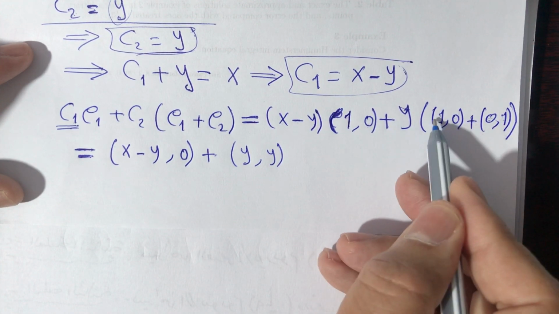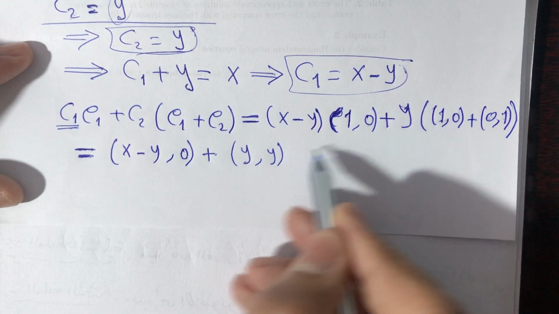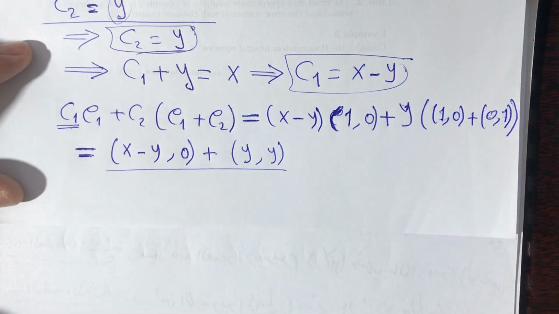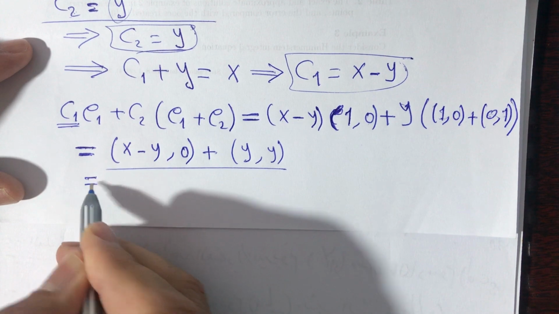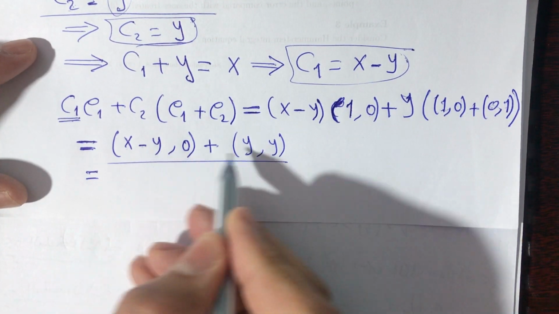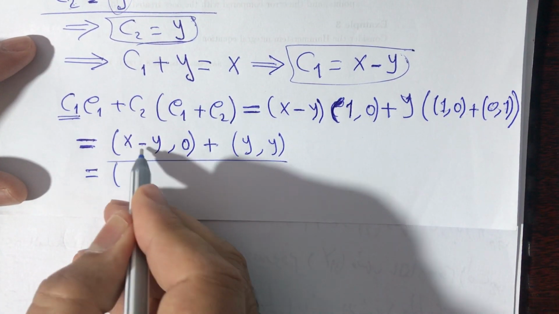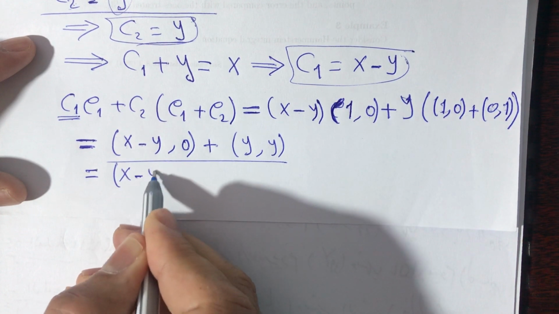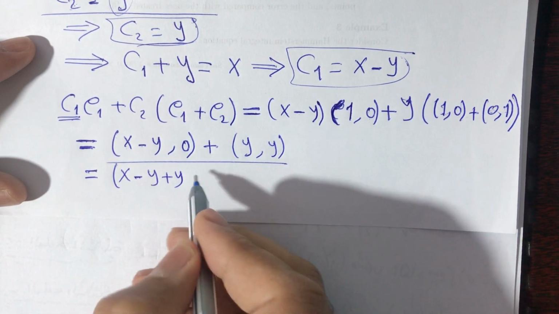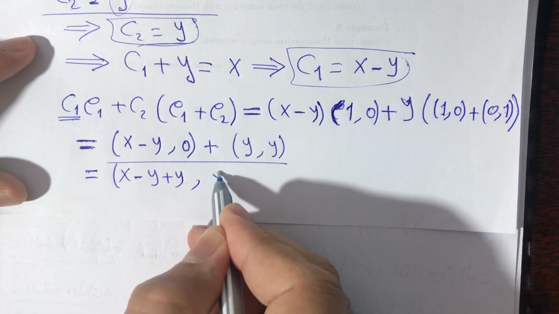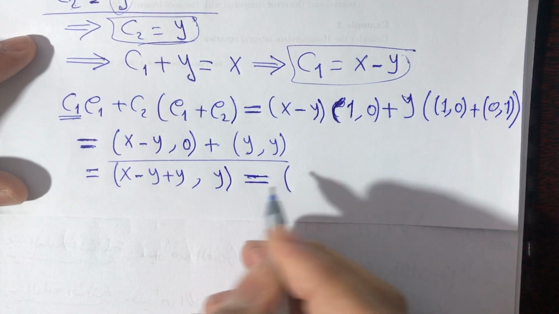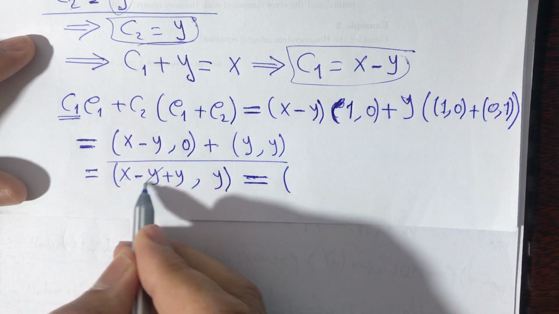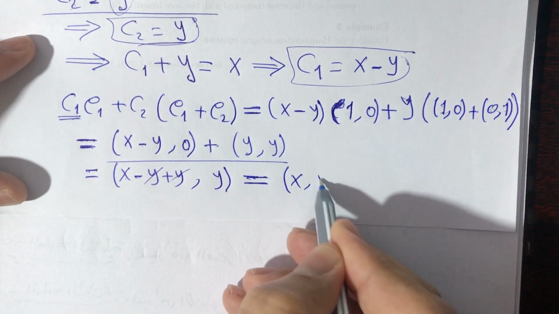Move y inside, and sum these two vectors: x minus y plus y is x, and 0 plus y is y. So this equals (x, y).